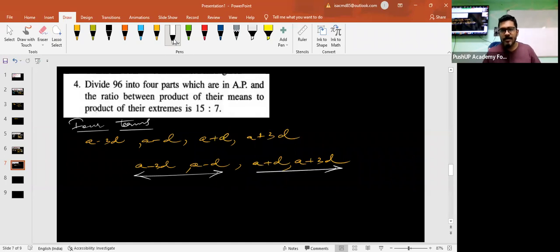You start writing A minus D first, go towards the left, write A minus 3D. Then towards the right hand side, you write A plus D, and then again towards the right hand side, write A plus 3D. That's it.